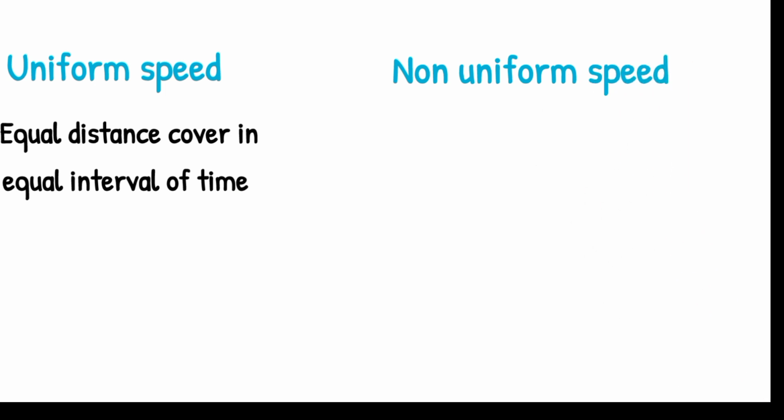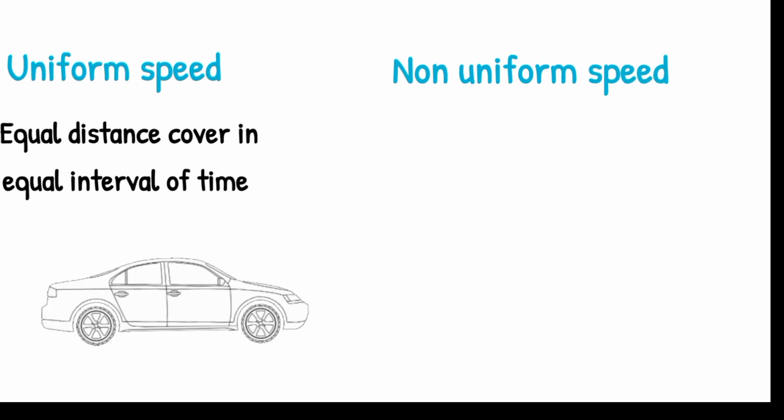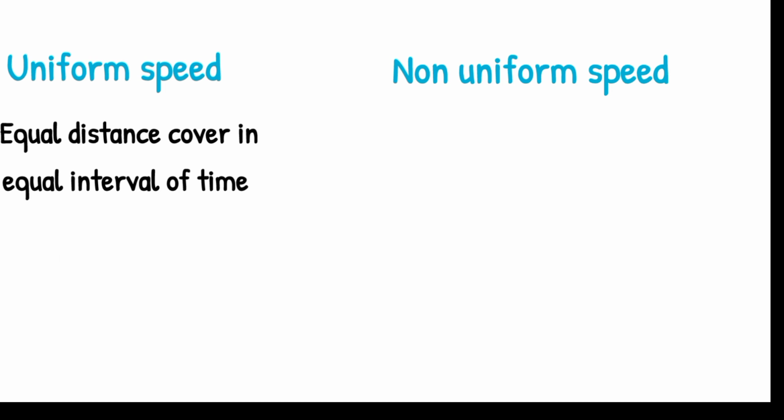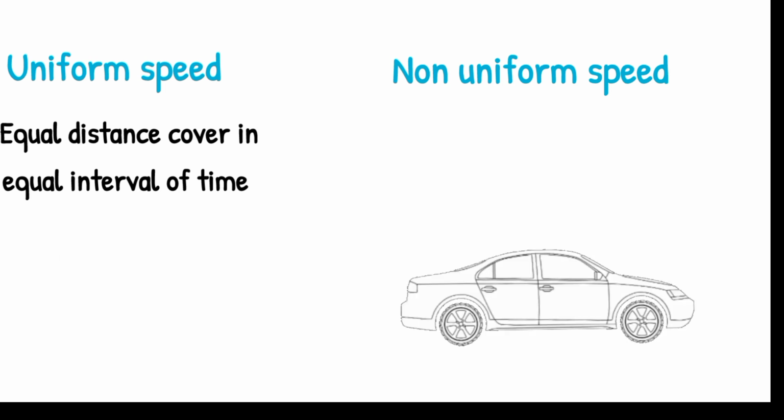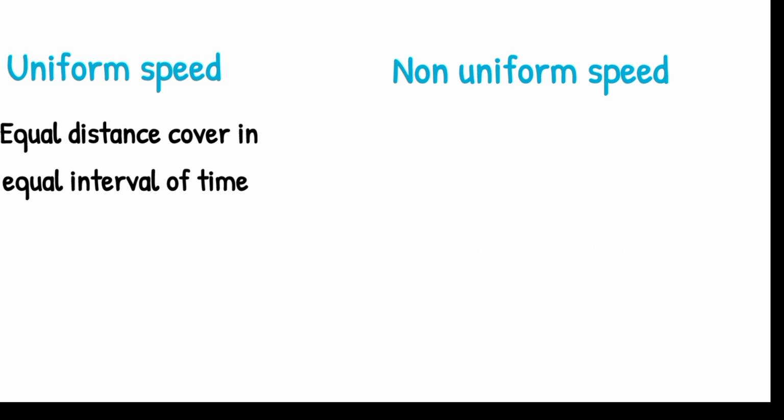Now secondly, non-uniform speed. For example, a car is moving and we note its speed, which is equal to 3 meter per second, and after some time we again check its speed, then its speed is equal to 2 meter per second. So it means that the car is changing its speed continuously. So this type of speed is known as non-uniform speed.